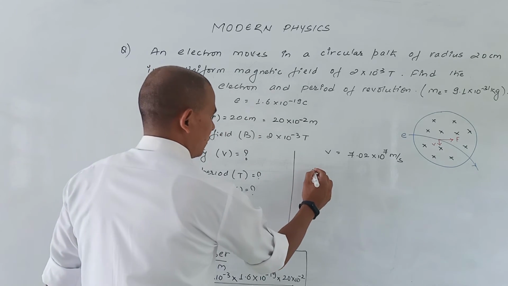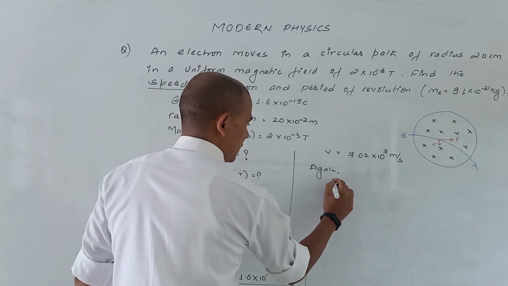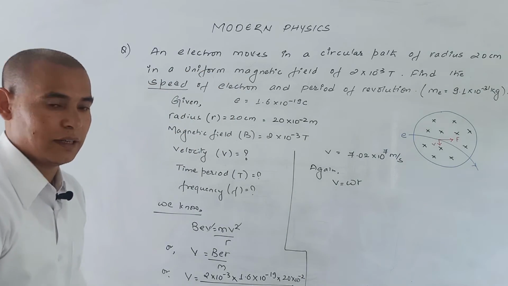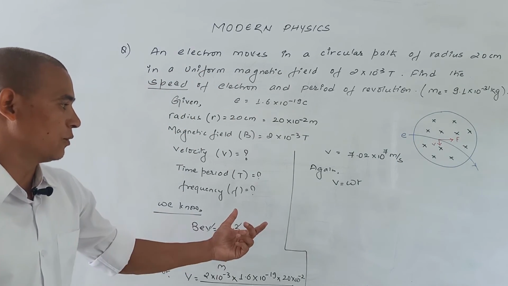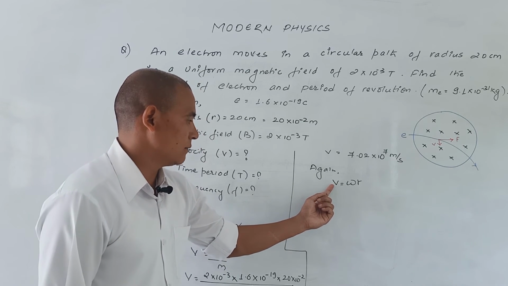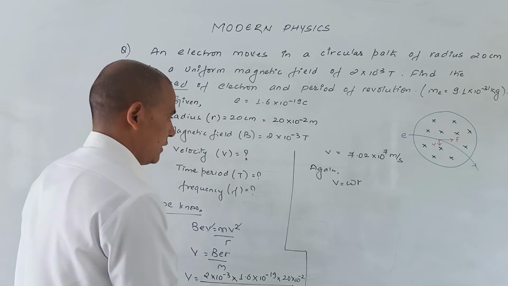As we have studied, velocity equals omega r. In class 11, in rotational dynamics and circular motion, we discussed this equation. This is the translational velocity, this is the angular velocity, and this is the radius.